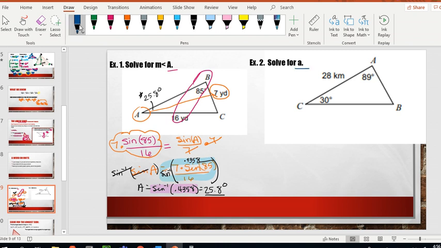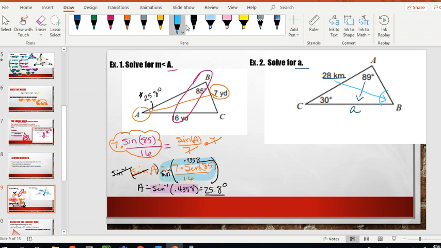Okay, so for this one, solve for A. A, if you remember, is the side across from A. It's this side over here. Now that means you need to have two things that match up. Well, here's the only side I have, and this side is only across from this angle.